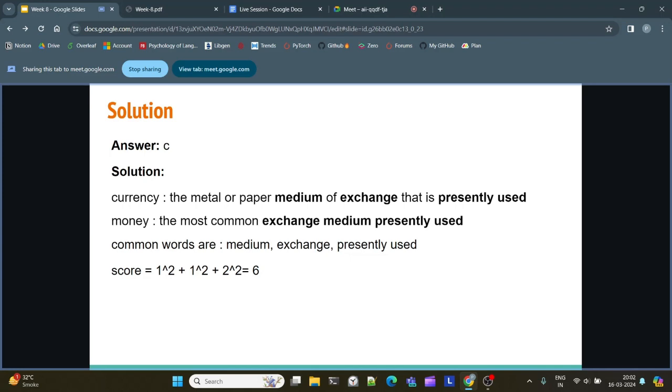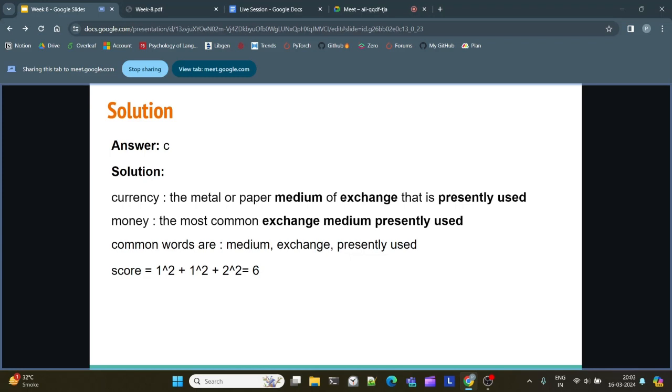Why do we take the power 2 for this? That is as per the formula. Since it's a common bigram, it's 2 to the power 2. If it was a common unigram, it would be 1 to the power 2. We are just squaring. If it was a trigram, it would be 3 square. If it was a quadrigram, 4 square, like that. So if it's an n-gram, it would be n square.